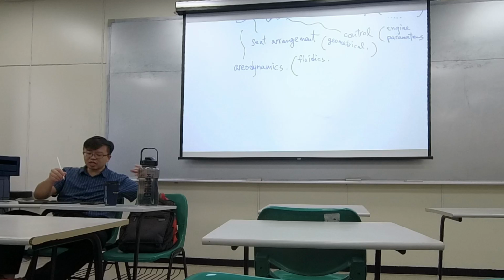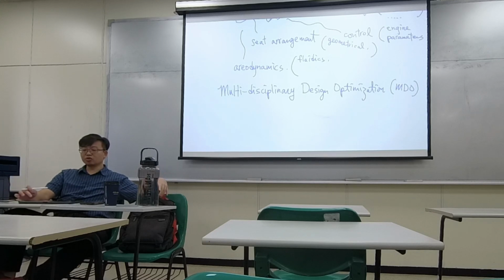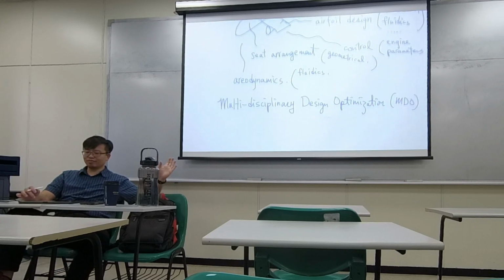So that's why in this field, sometimes it's called multidisciplinary design optimization. So we call this MDO problems, multidisciplinary design optimization, MDO. Okay. So CO is one of the approaches from MDO.